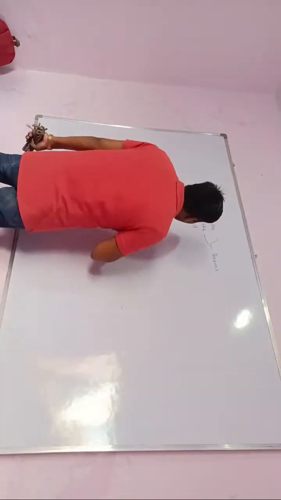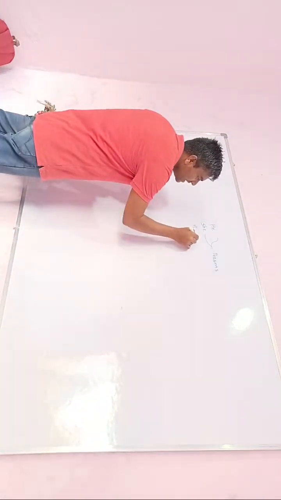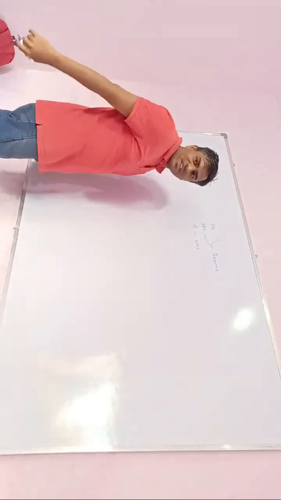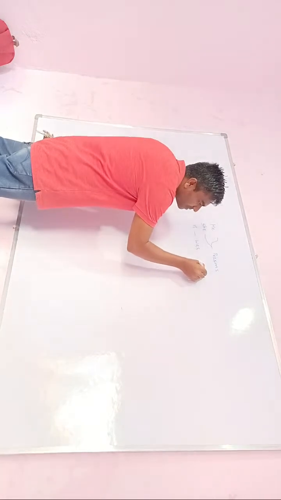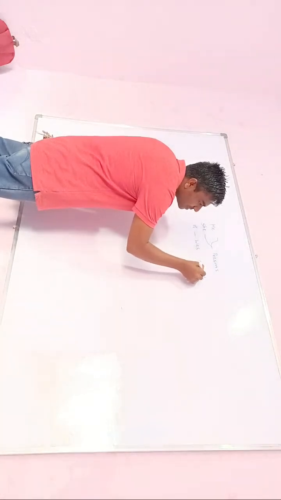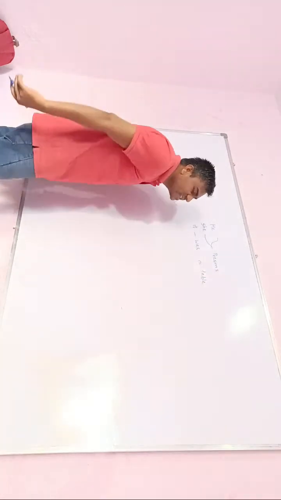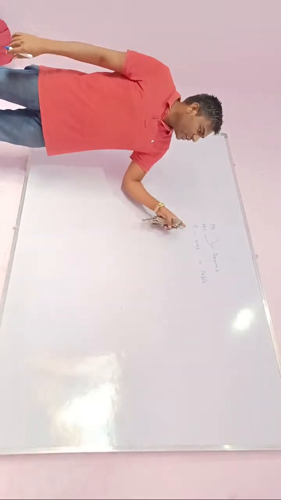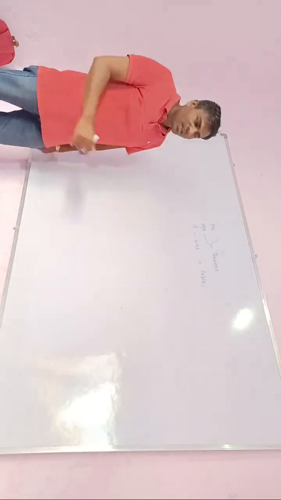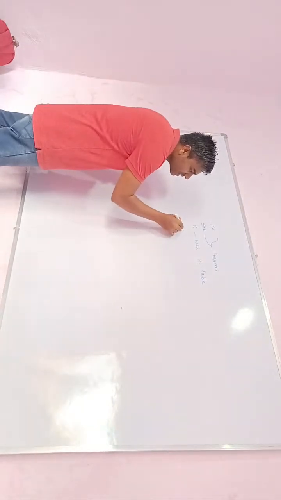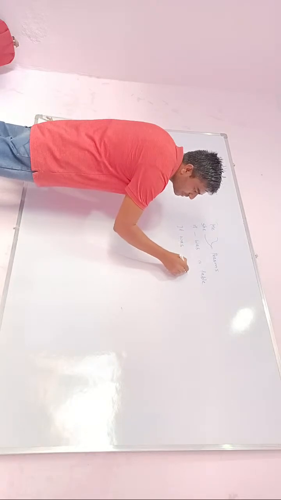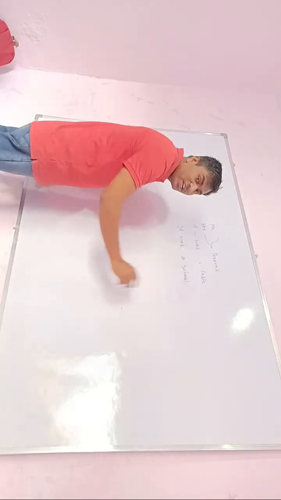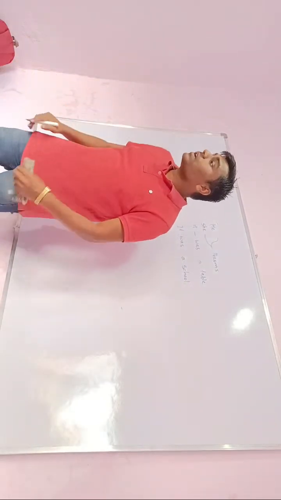And we are learning what sentences, it was. It was a table. It was a school.